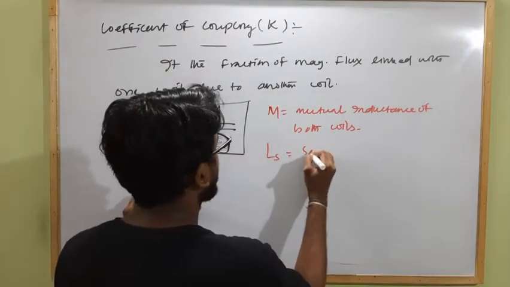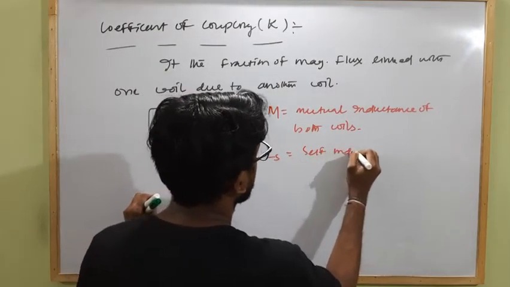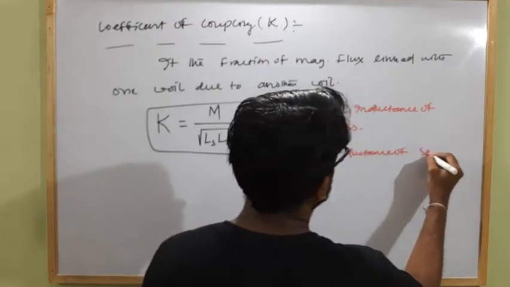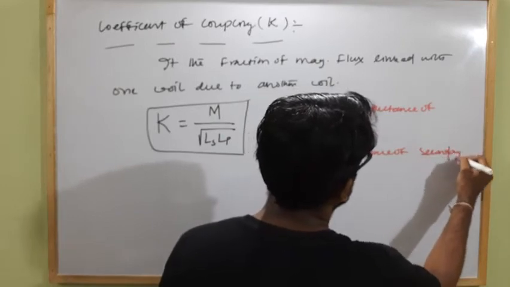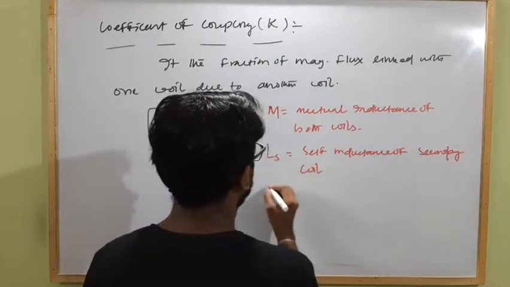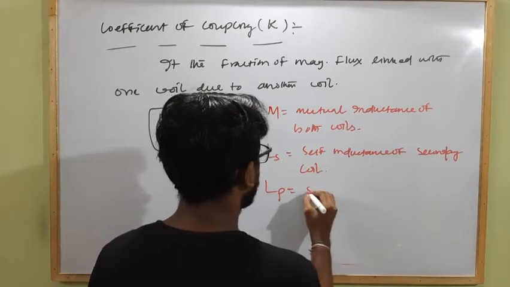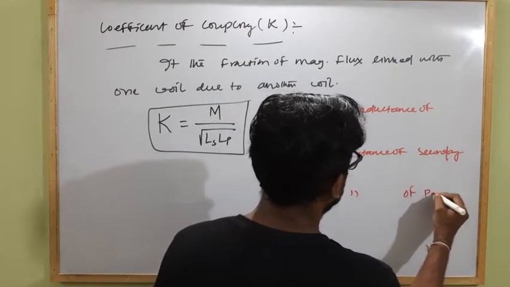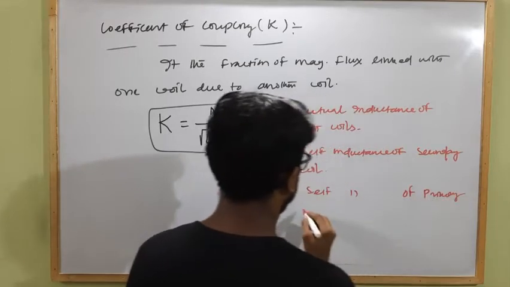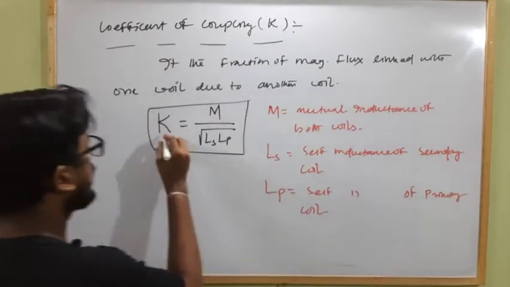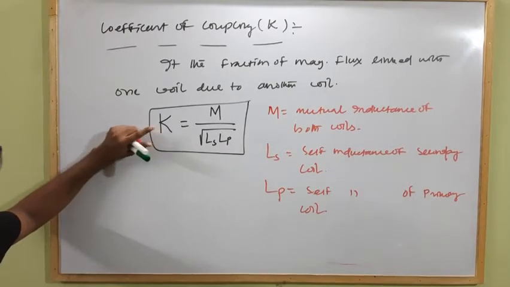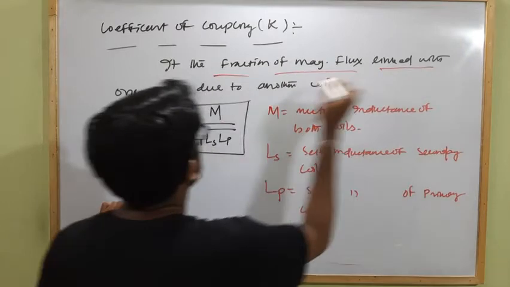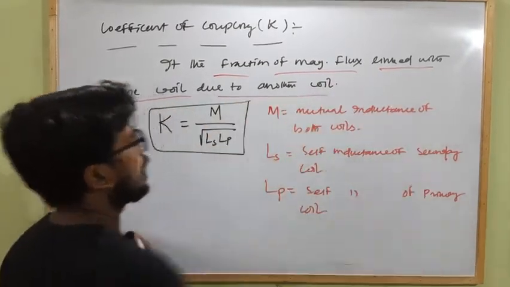Ls equal to the self inductance of the secondary coil, and Lp equal to the self inductance of the primary coil, and K is known as the coefficient of coupling. So it defines the fraction of magnetic flux linked with one coil due to another coil.